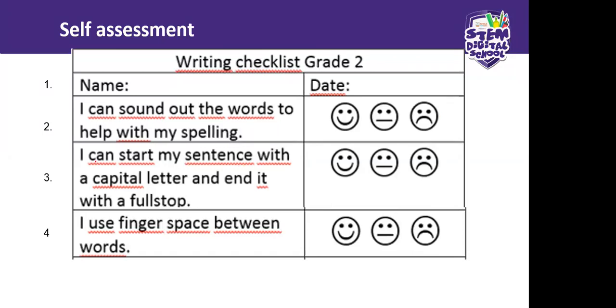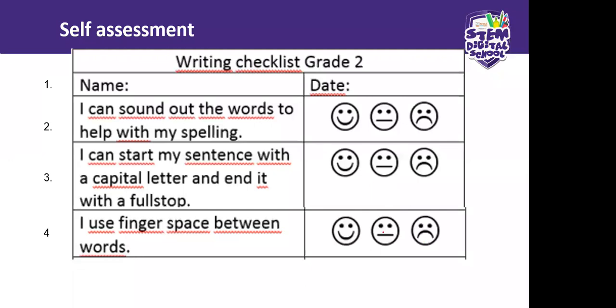Number 2, I can start my sentence with a capital letter and end it with a full stop. Did you do that? Choose your smiley here. Just one of them. You can only have a choice of one smiley. You can't choose more than one. And then, did you use a finger space between your words when you wrote your sentence? If you forgot, you must give me the sad face.